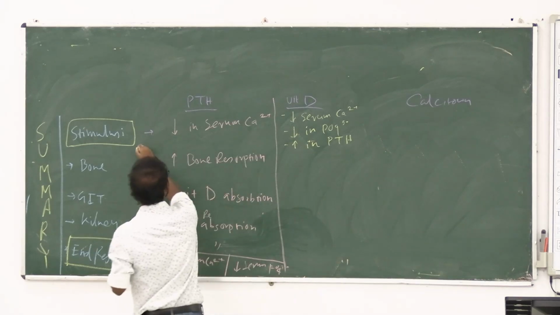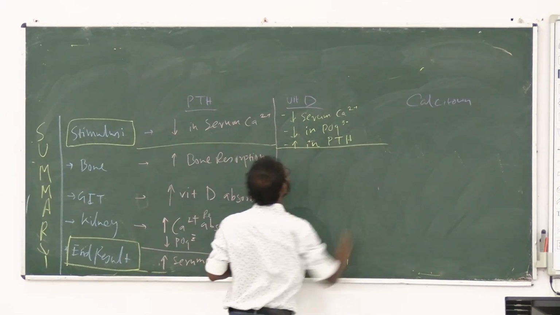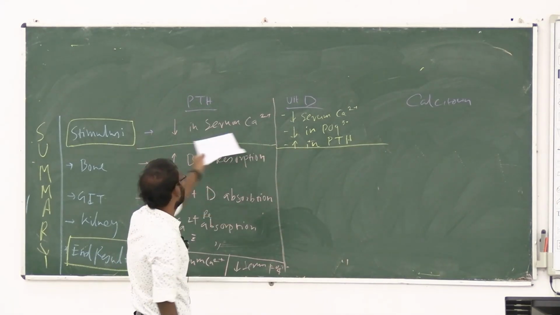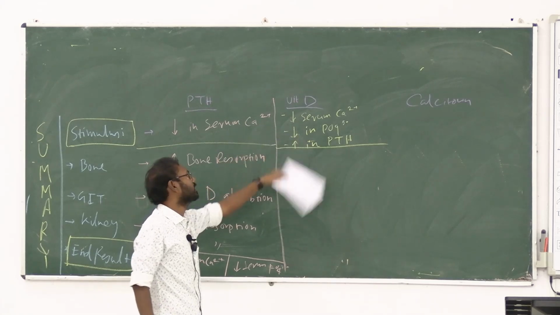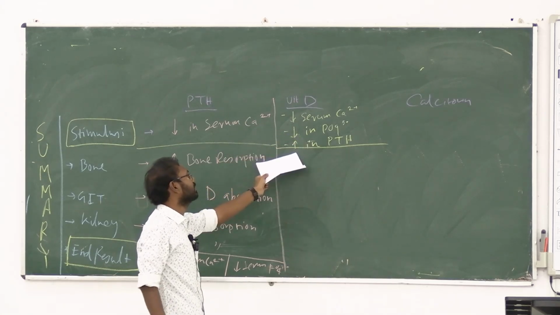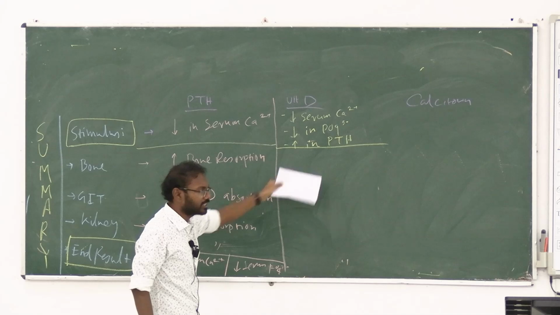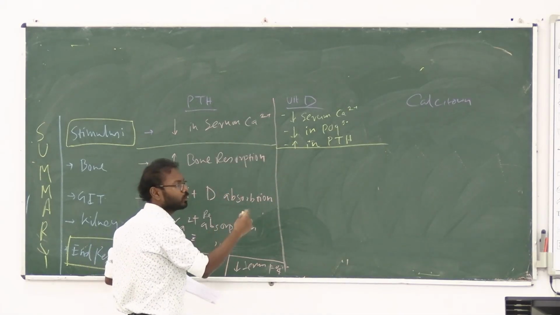Okay, so 3 stimuli for vitamin D: decrease in serum calcium, decrease in phosphate level, increase in PTH. If any of these 3 things happen, vitamin D synthesis will increase.